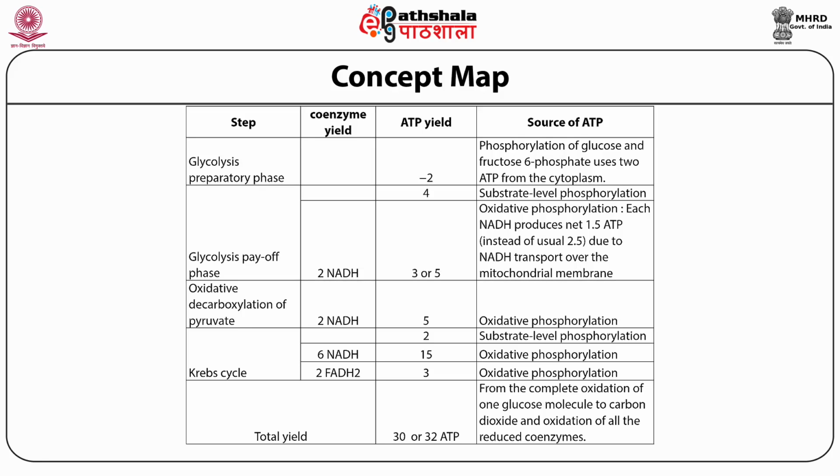At the same time, the oxidative decarboxylation step of pyruvate will give 2 NADH. Similarly, from the Krebs cycle, we have substrate level phosphorylation, oxidative phosphorylation of NADH, oxidative phosphorylation from the 2 FADH2, and then we need to come to the yield from a single molecule of glucose.